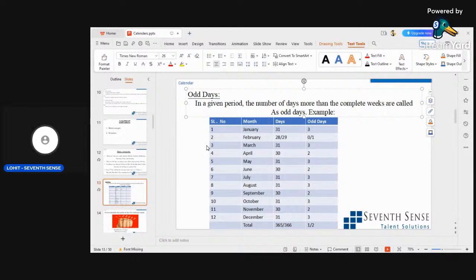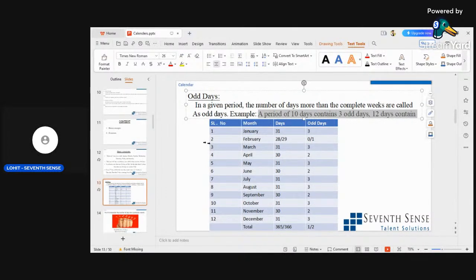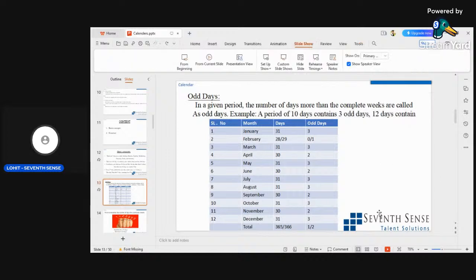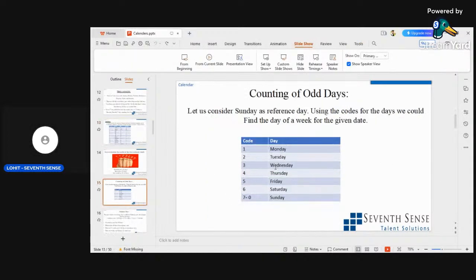Why odd days are important: we have seen Sunday, Monday, Tuesday, Wednesday, Thursday, Friday, Saturday, and we are going to assign a number to each day. Monday we assign 1, Tuesday 2, Wednesday 3, Thursday 4, Friday 5, Saturday 6, and Sunday 0 or 7. So we assign a code to all days.